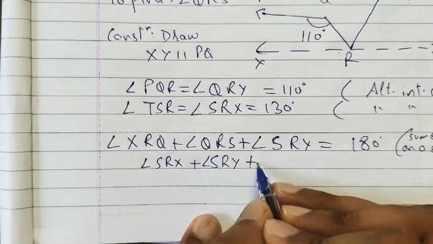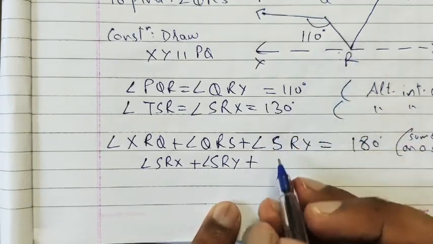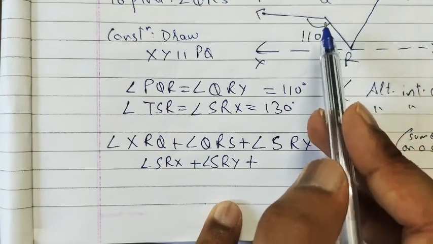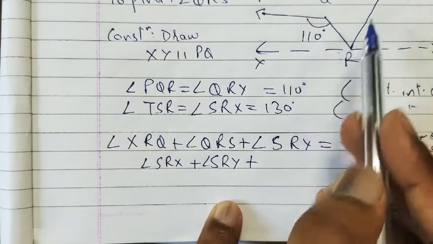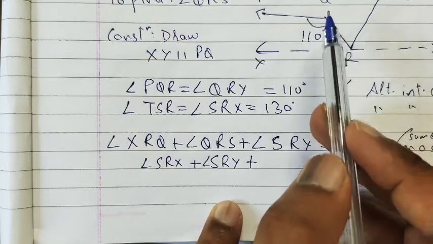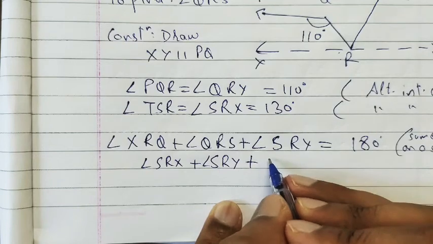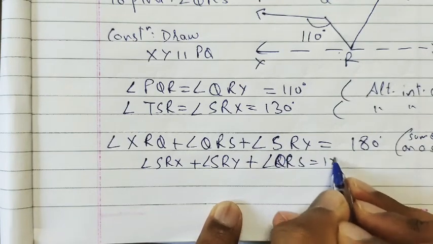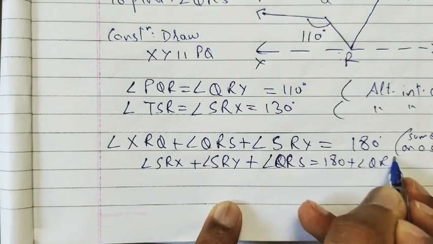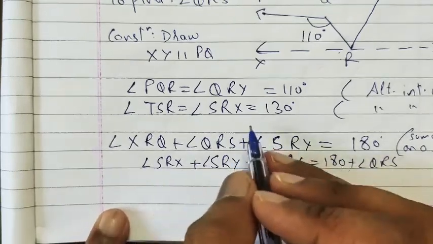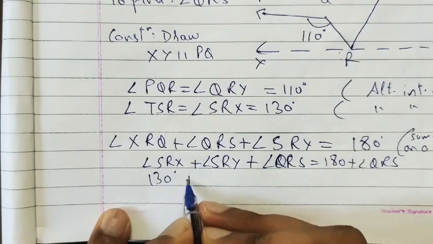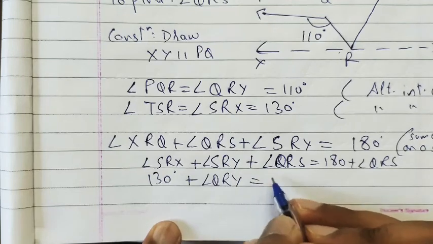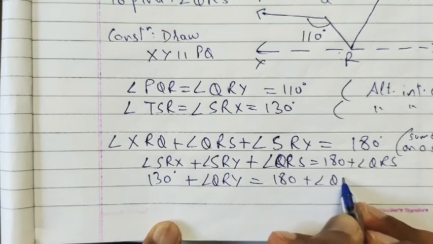Now let's add angle QRS on both sides, because we need to make SRY into QRY, as we know the value of QRY only. So to make SRY into QRY, we need to add QRS to it. So 180 plus angle QRS. SRX is 130, plus SRY plus QRS, which is angle QRY, is equal to 180 plus angle QRS.